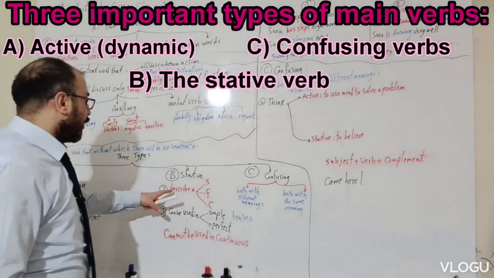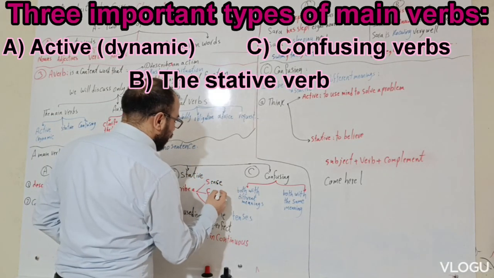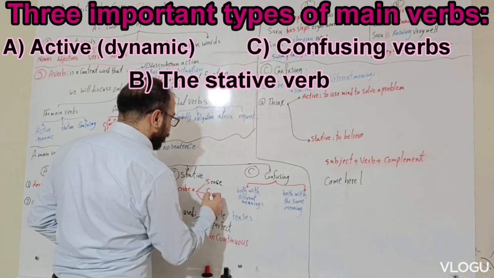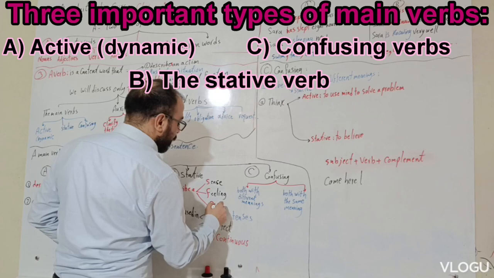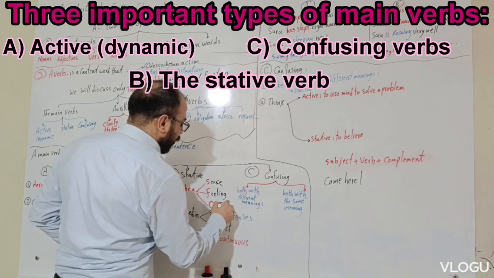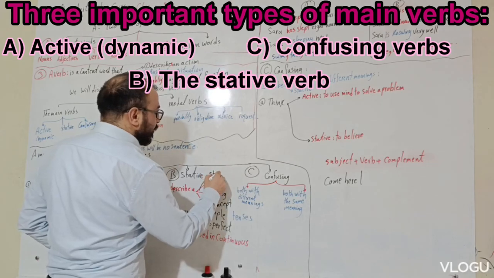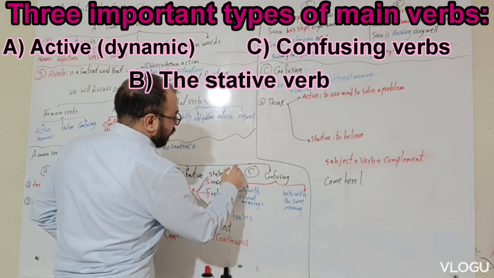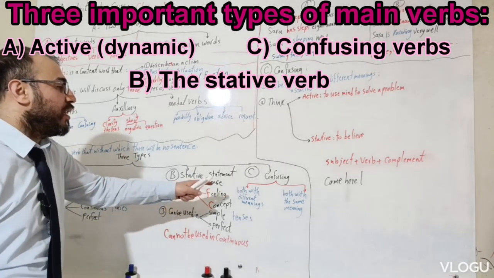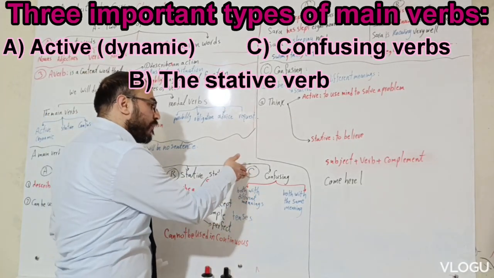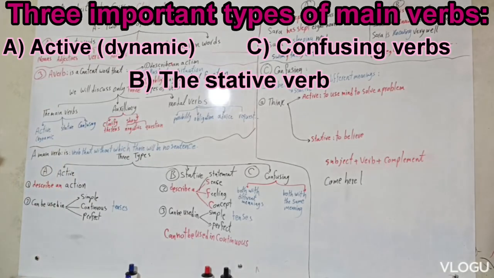The stative verb describes, for example, a sense, a feeling, or a concept. Or it could also describe a statement, a situation, or anything else. While the confusing verbs sometimes can be stative, sometimes can be active.